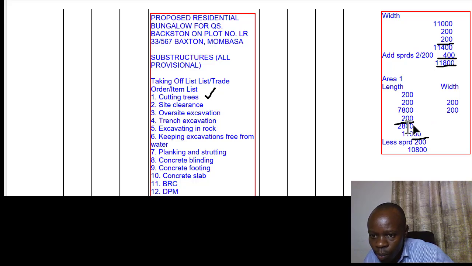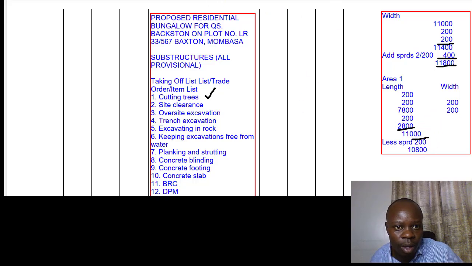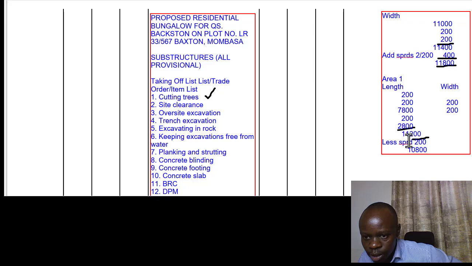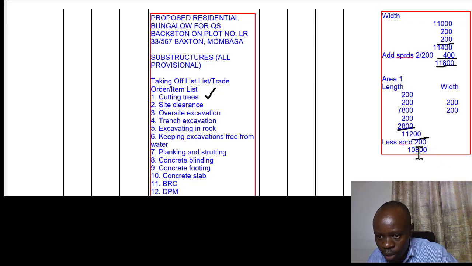Okay, this line is misplaced. It's supposed to be below the 2800 at that point. So this is supposed to be 11,200. That is the correct working, 11,200. So once we have that, then we subtract the 200, so the difference is supposed to be 11,000. So the correct working would be 11,000 for the length.